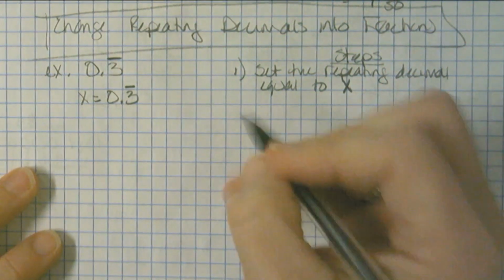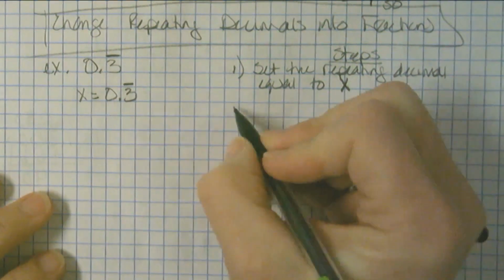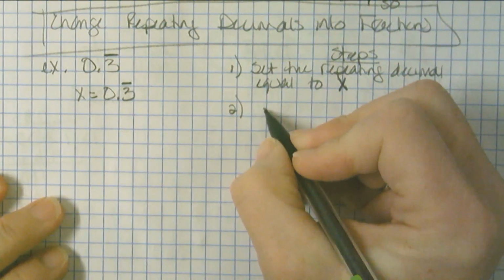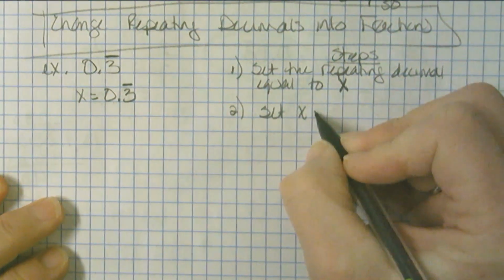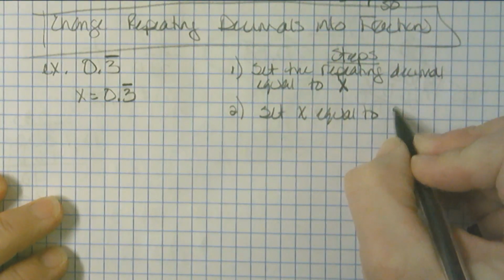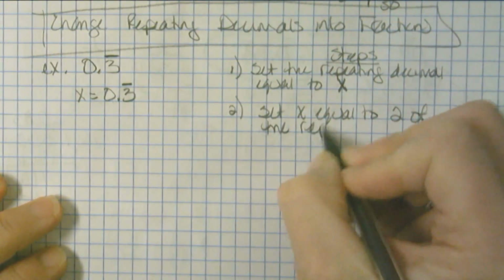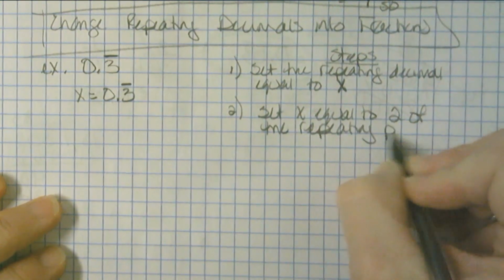Okay. This second step, you don't necessarily have to do, but I feel like the first time you do this process, you're going to need to. So this step is kind of optional, but for now I want you to do this to understand how this works. The second step is I want you to set x equal to 2 of the repeating parts.